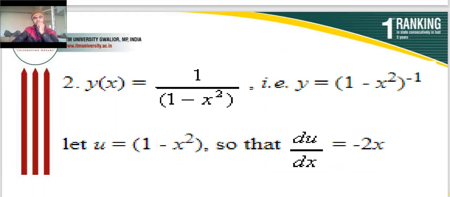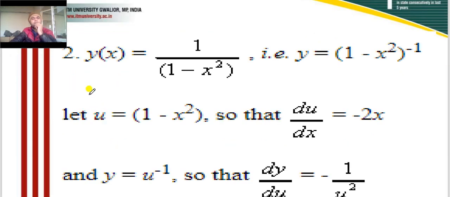Now we will see another question on this topic. You are given y is equal to 1 upon 1 minus x square. So we write y, when it goes to the numerator, its power will be minus 1.